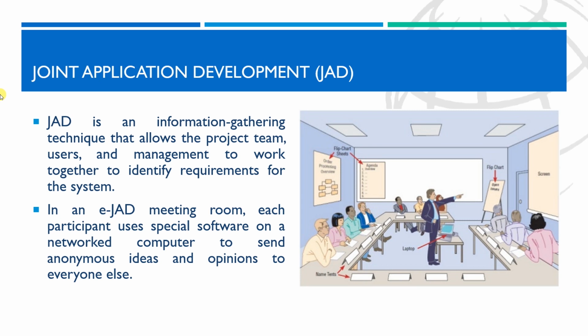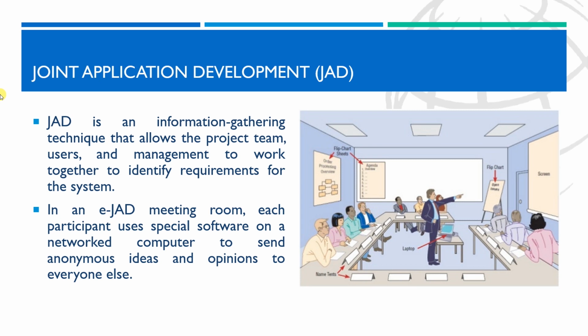The JAD is a structured process in which 10 to 20 users meet together under the direction of a facilitator skilled in JAD techniques. The facilitator sets the meeting's agenda and guides the discussion, but doesn't join in the discussion as a participant.